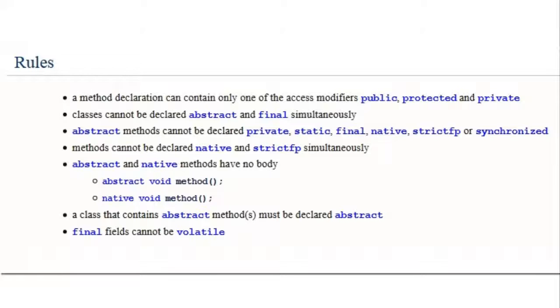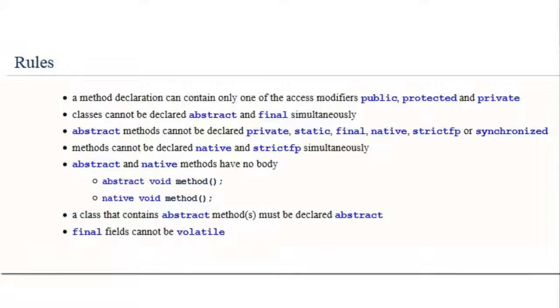It means that you cannot declare your class abstract and also final at the same time. Now, an abstract method cannot be declared private, static, final, native, strictfp or synchronized. It means that if you declare your method as an abstract method, you cannot declare it as private, static, final, native, and so on at the same time.